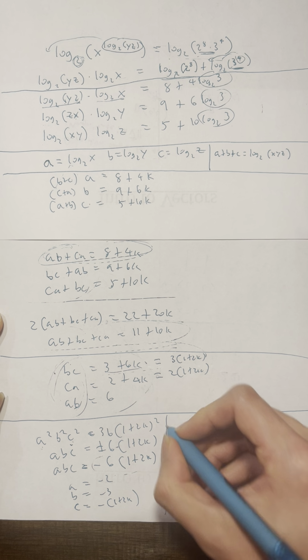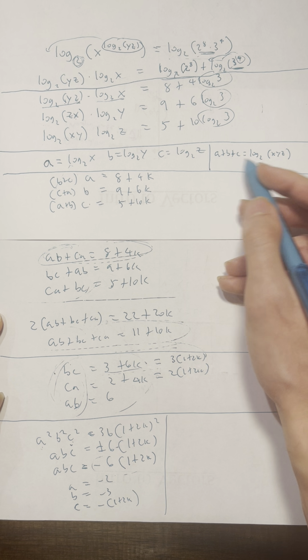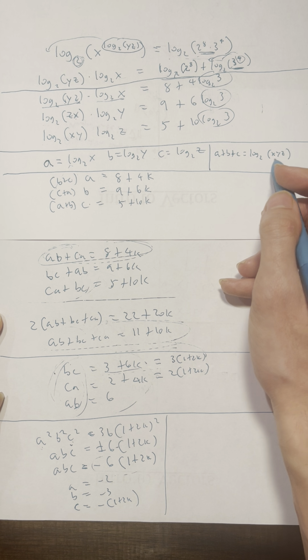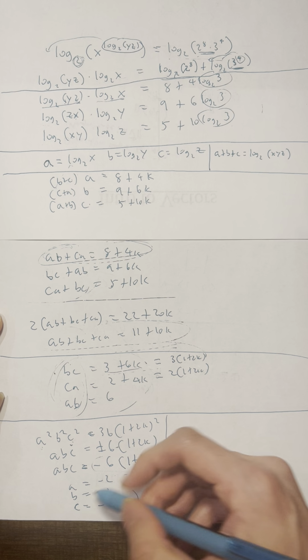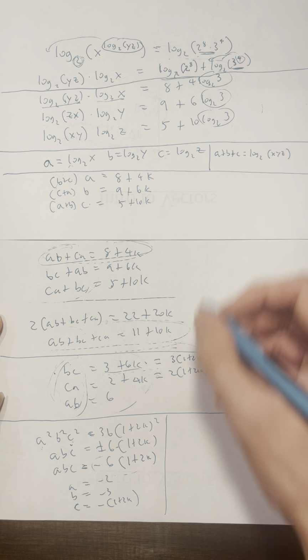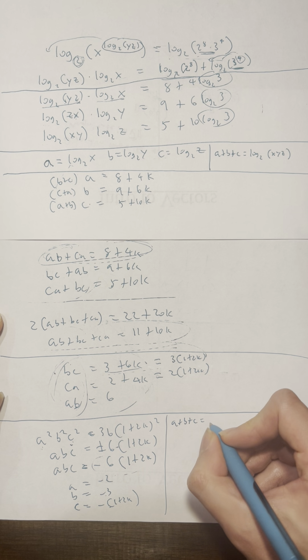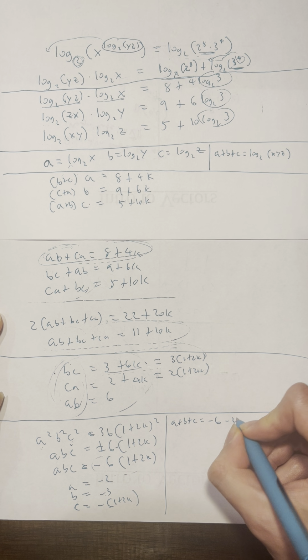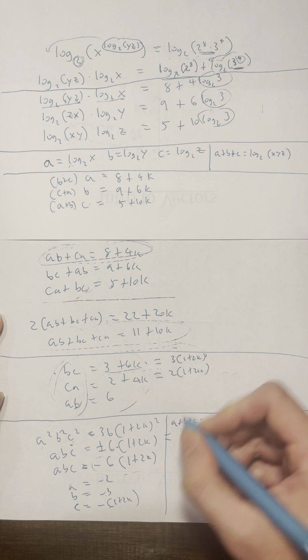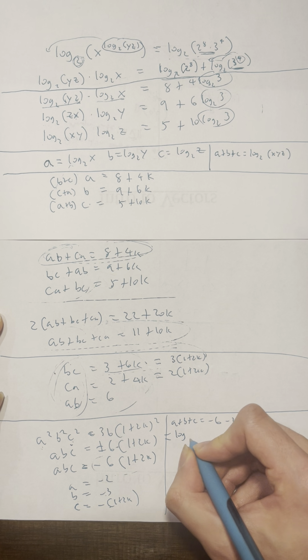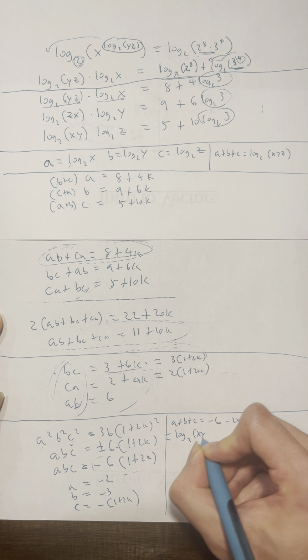So we're going to go back here, because we want to get xyz, and we know ABC now. So A plus B plus C is going to be negative 6, minus 2k. But that's also equal to log base 2 of xyz.